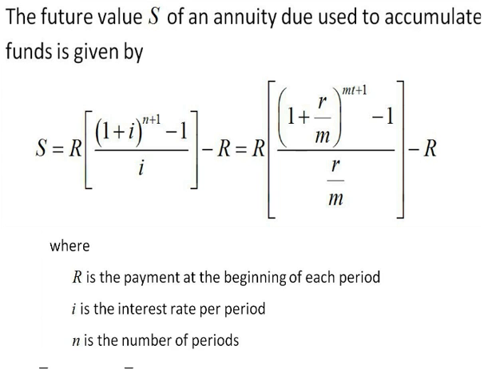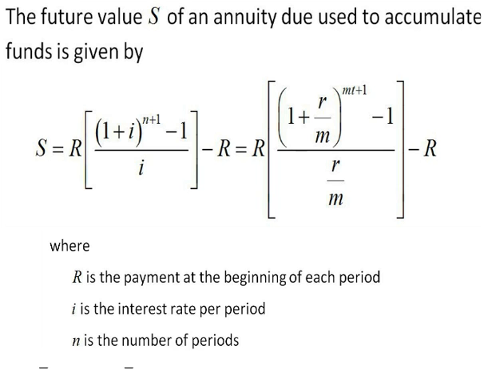Now, the future value formula for an annuity due, used to accumulate funds, is given by S equals R, where R is the payment value, times the quantity (1 plus i) raised to the n plus 1, where i is the interest per period. Another way to get i is to take the annual interest divided by m, the number of times compounded in 1 year.